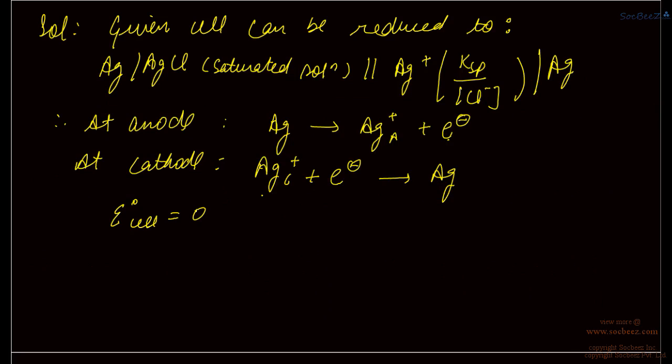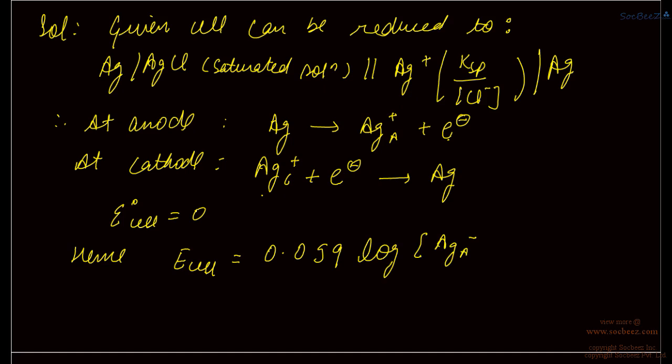Therefore, E naught cell equals 0 for this concentration cell, and hence E cell equals 0.059 log of Aga positive upon Agc positive.